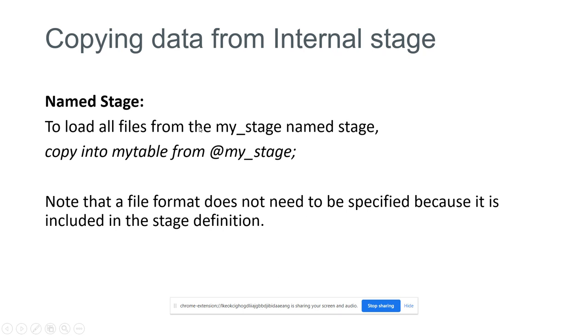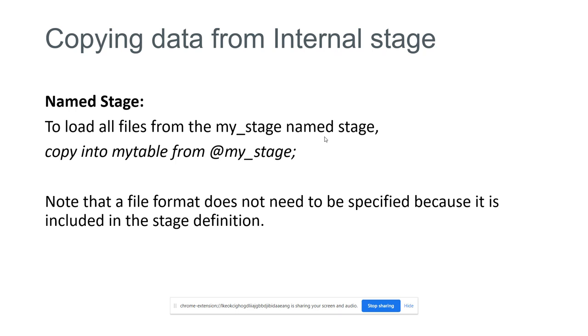The same way, we can copy the data from named internal stages to Snowflake by using this command: copy into the table name from the internal stage. Here, if you see, I am not specifying any file format, because while creating the stage itself I have given the file format.